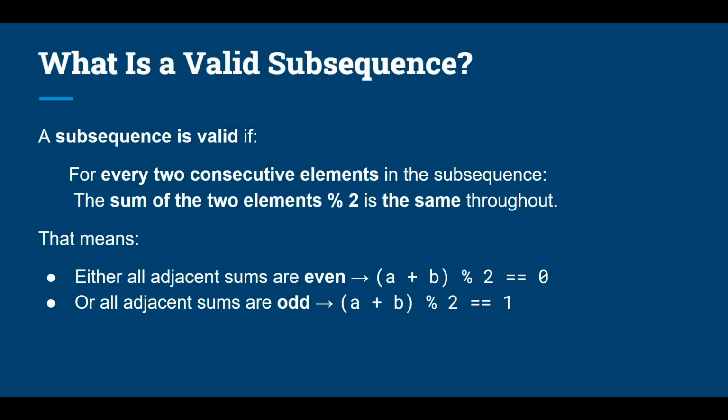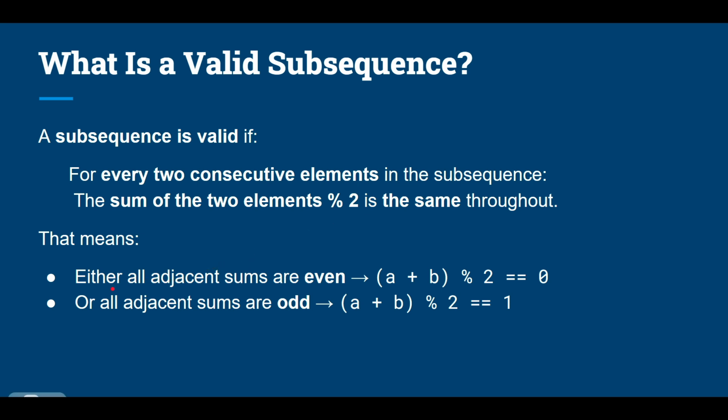So let's understand further. What is a valid subsequence? A subsequence is valid if for every 2 consecutive elements in the sequence, the sum of the 2 elements, when we take the mod, comes out the same throughout.